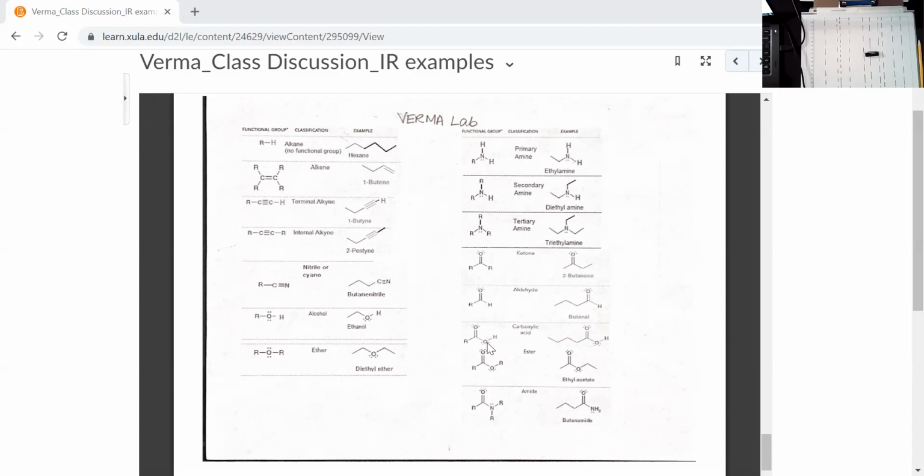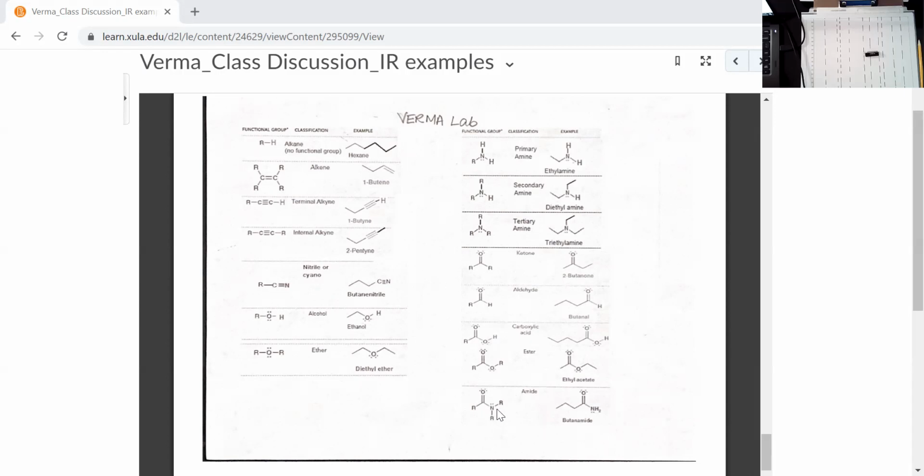A carboxylic acid has an OH instead of this H, while an ester has an OR instead of this H. An amide is a carbonyl next to an amine.